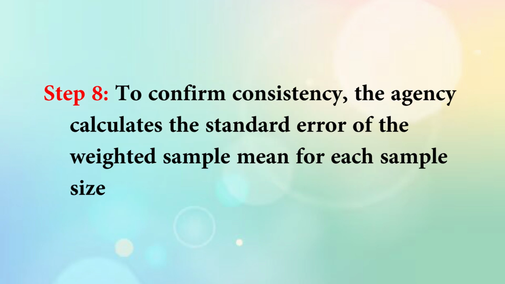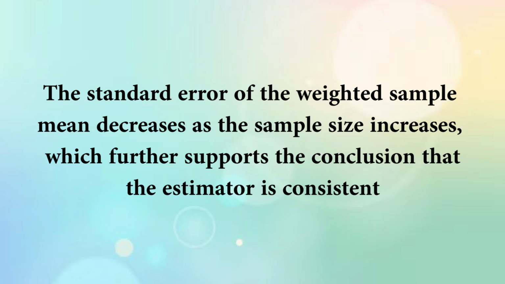To confirm consistency, the agency calculates the standard error of the weighted sample mean for each sample size. The standard error of the weighted sample mean decreases as the sample size increases, which further supports the conclusion that the estimator is consistent.